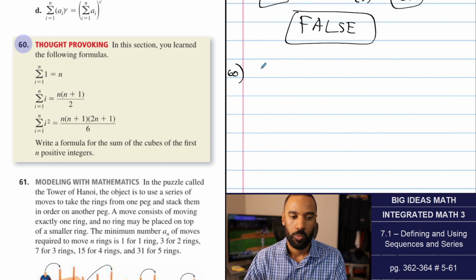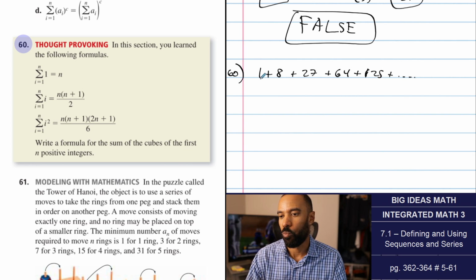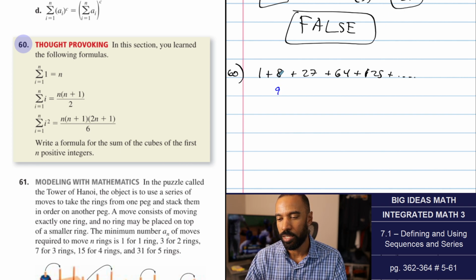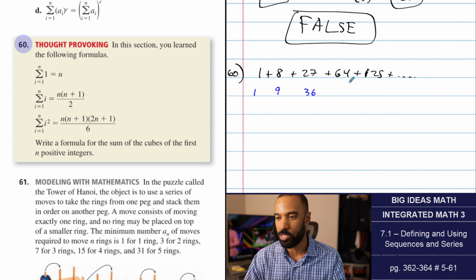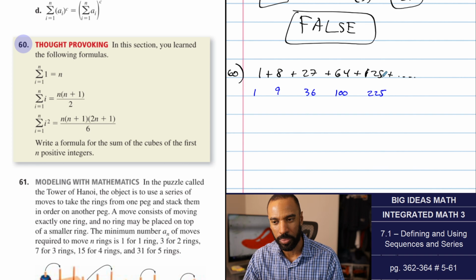So the sum of the first n positive integers, 1 cubed, 2 cubed, 3 cubed, 4 cubed, 5 cubed, etc. If we go down here, 1 plus 8 is 9. 9 plus 27 is 36. This would have been 1, by the way. 36 plus 64 is 100. Oh, this has something. Hold on a second. How would I work that, though?